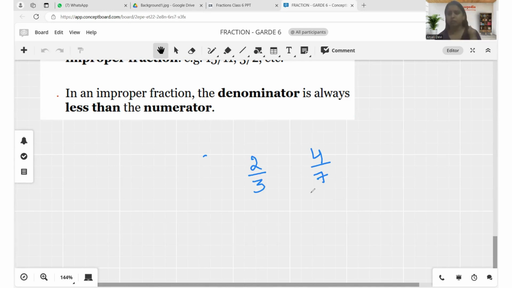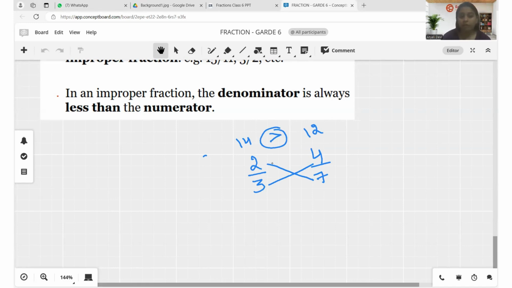One way is the simple cross multiplication method. So you cross multiply 7 into 2, you cross multiply 4 into 3. 7 twos are 14, 4 threes are 12. Which one is greater? 14 is greater. You put the greater sign towards 2 by 3. That's how you get to know which fraction is greater.